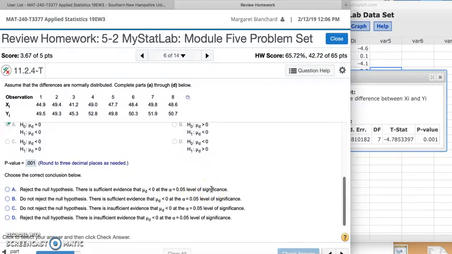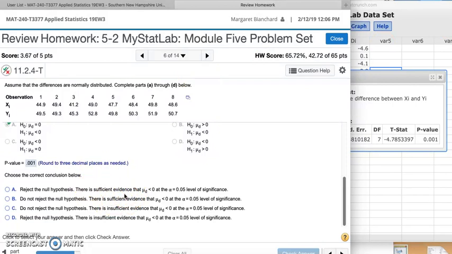I just want to double check D just to show you guys the difference. This one says there is insufficient evidence. So remember, if we reject the null hypothesis, we're basically saying that we do not think that the difference is equal to 0. So there is enough evidence to support the alternative.